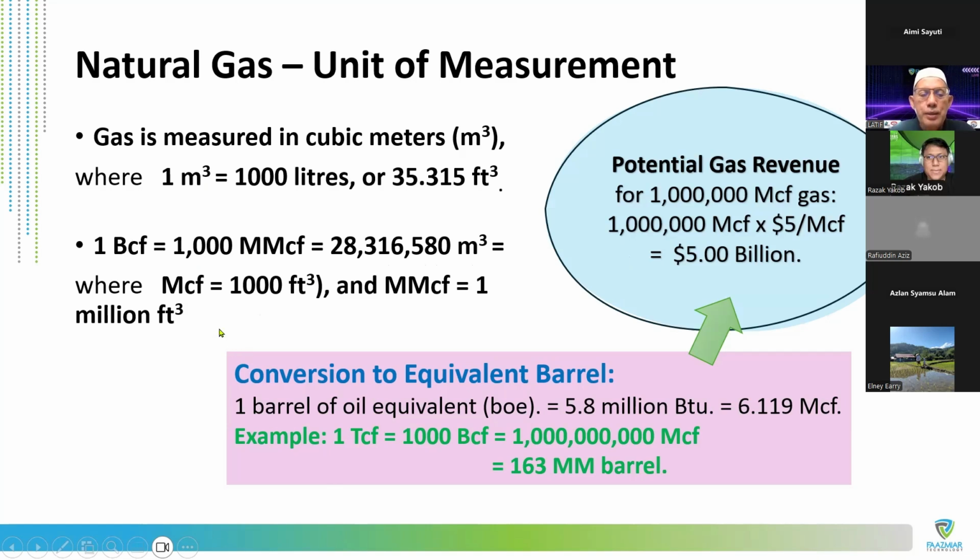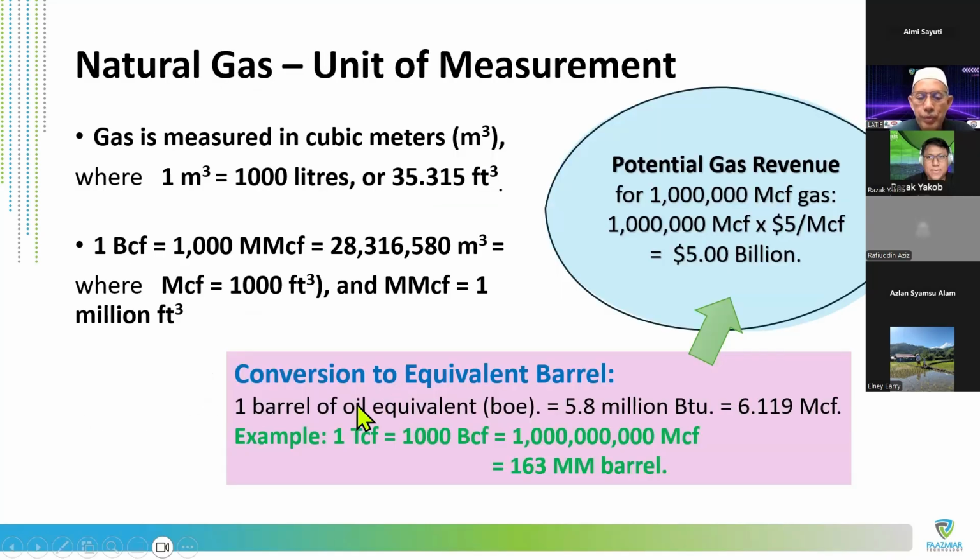Now, always in our comparison, we try to compare with oil. We try to understand the burning capability, the burning power of gas versus oil, so we use a combination of volume.